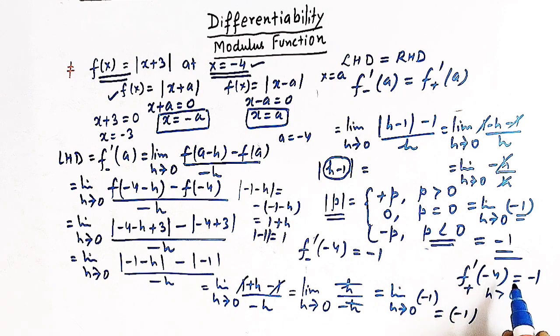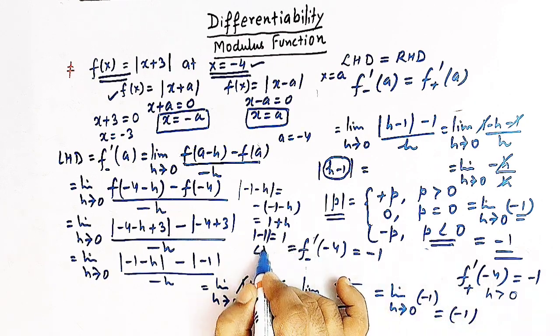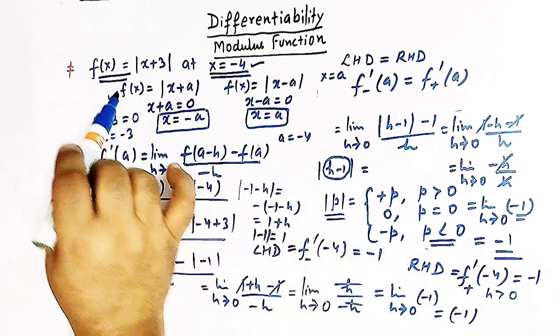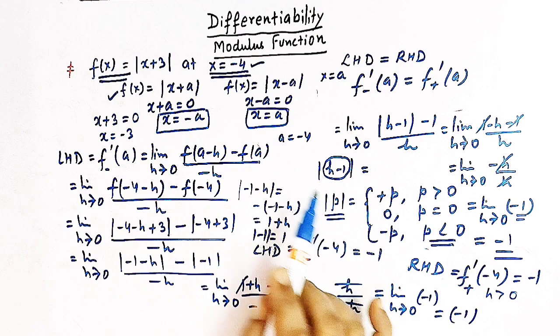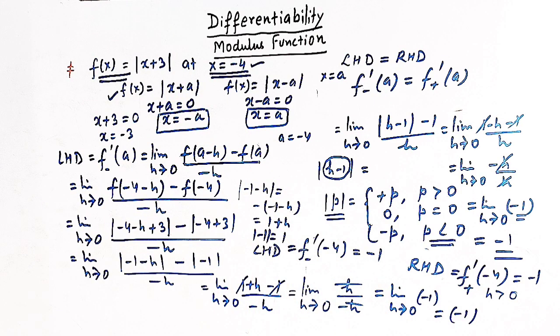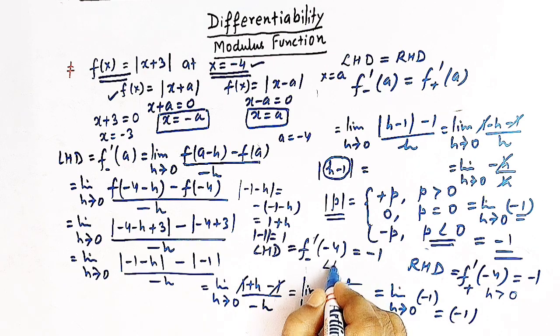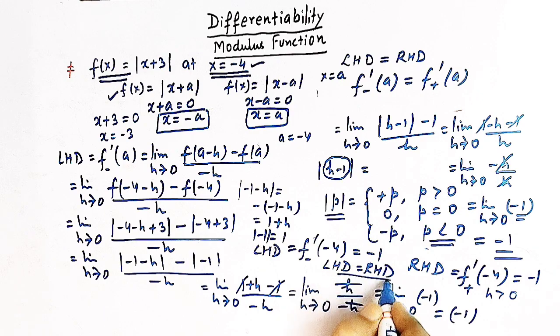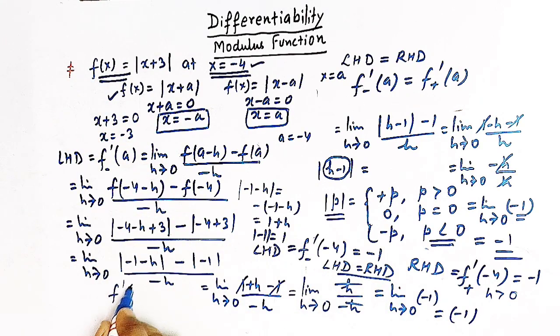So we see that the left hand derivative and the right hand derivative both exist, and they are finite at this point x equal to minus 4, and both are equal to each other. So we can write left hand derivative is equal to right hand derivative. Hence the derivative of this function, that is f prime of minus 4, exists.